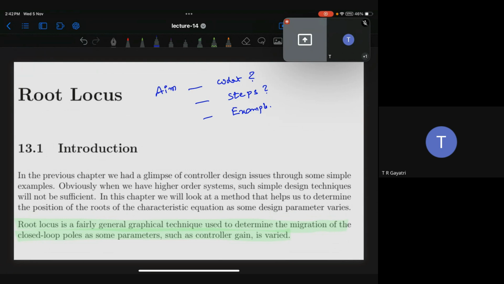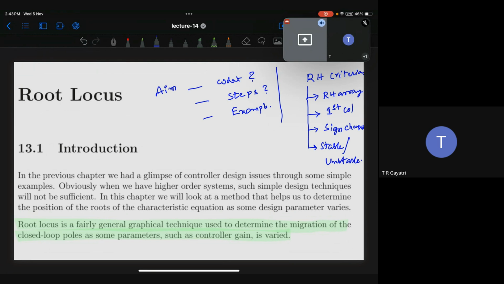In the previous live session, we have seen this RH criterion. What we are doing there is we form something called the RH array. After that, we check the first column, then we see the sign changes, then we decide whether the system is stable or unstable.